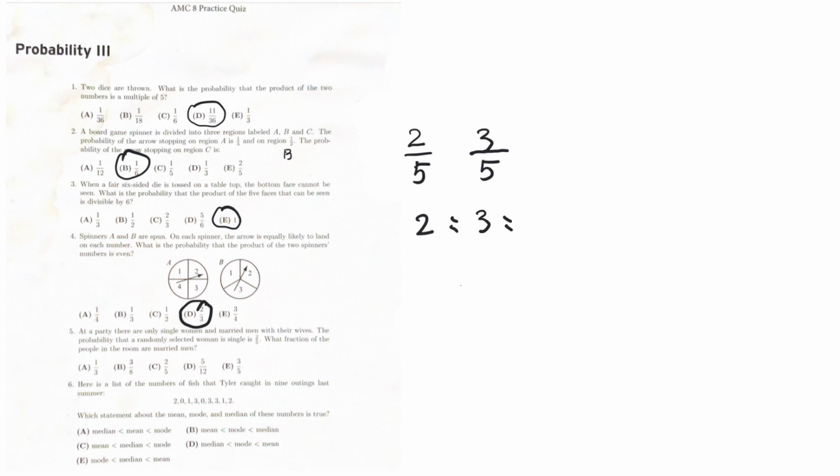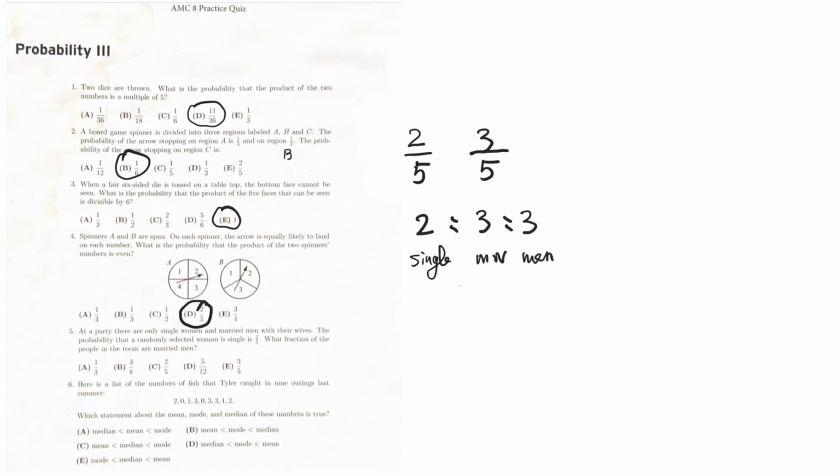So 3 married women must have 3 men. So the total ratio is 2 to 3 to 3. That's the single women, the married women and the married men.